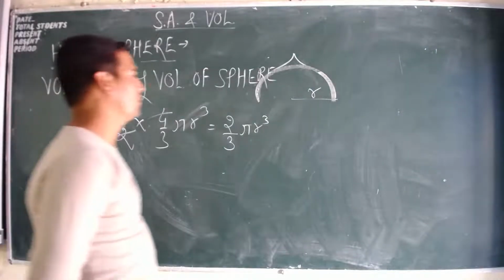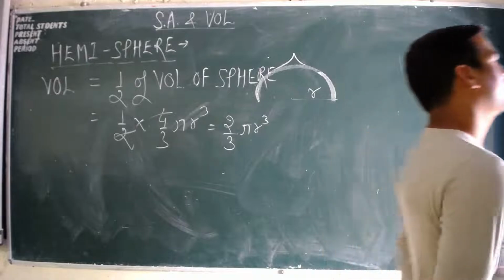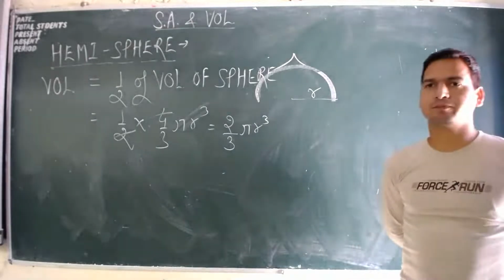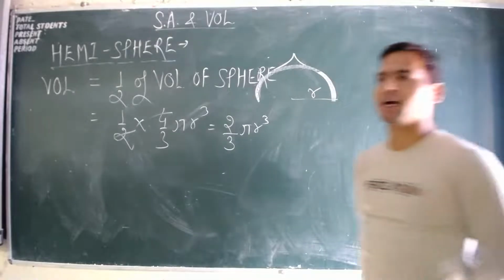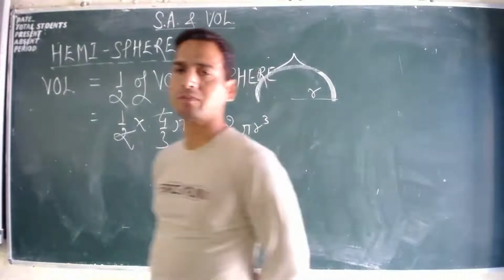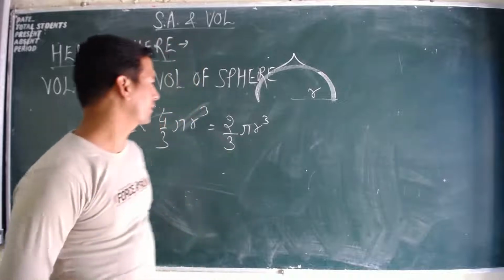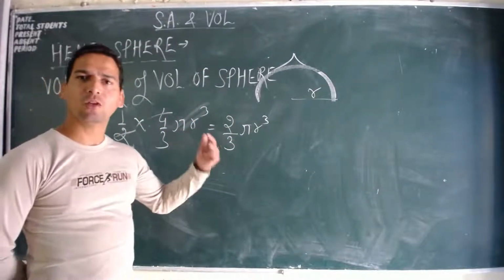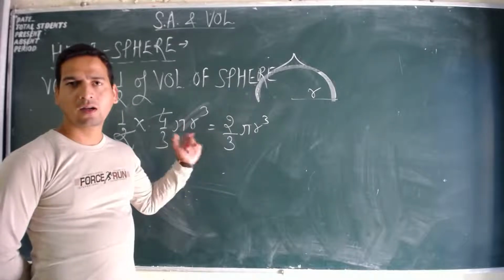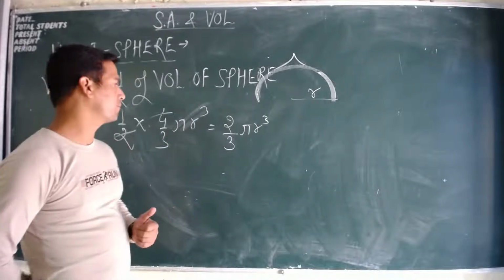This is the volume of hemisphere. 4 by 3 pi r cube is the volume of sphere, and 2 by 3 pi r cube will be the volume of hemisphere.